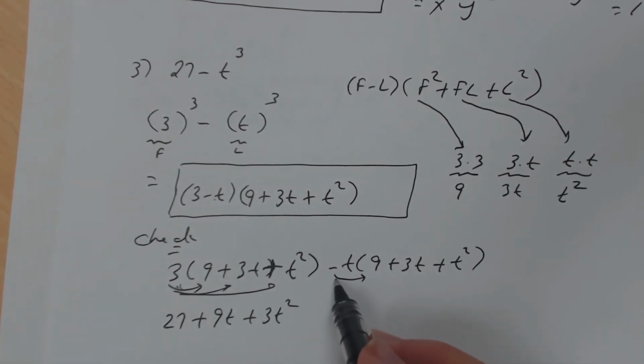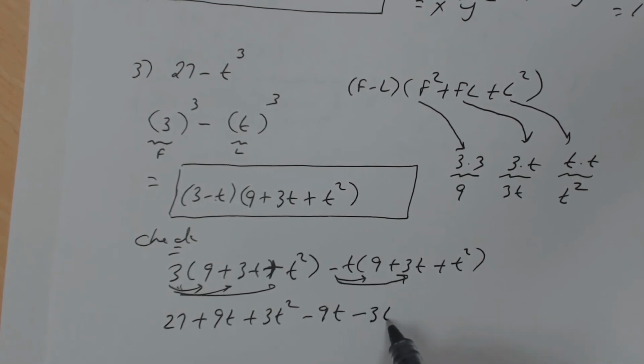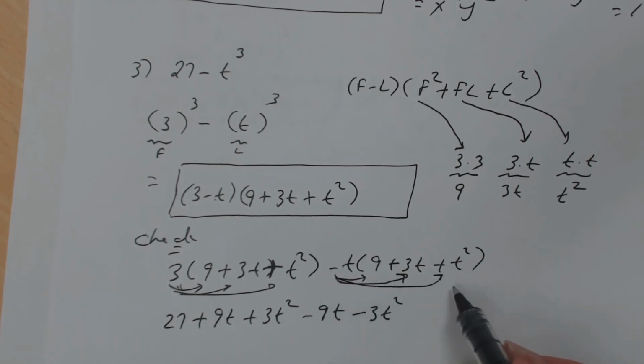Over here, distribute the negative t. Negative t times 9 is negative 9t. Negative t times positive 3t is negative 3t squared. A negative t times a positive t squared is a negative t cubed.